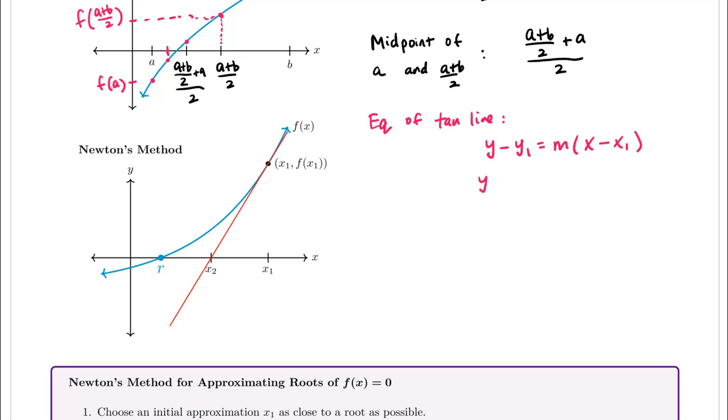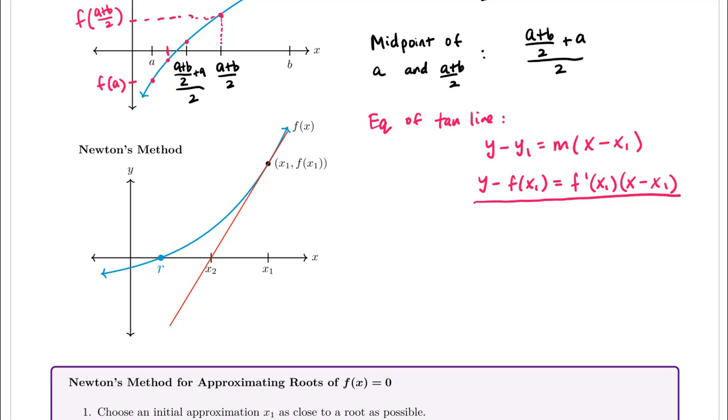So that would be y minus f of x1 equals, and then the slope of our tangent line would be f prime of x1, and then we have x minus x1. Okay, so this is the equation of our tangent line.